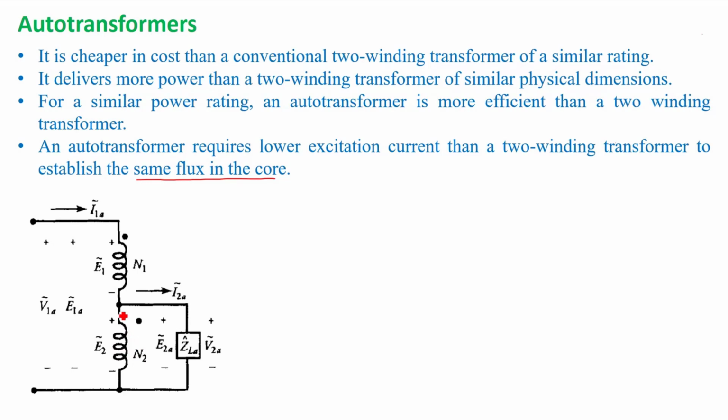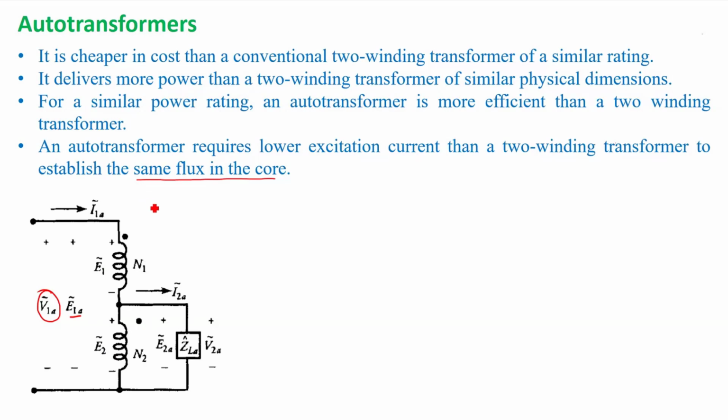The input is fed across both N1 and N2, so N1 winding and N2 winding in series, across which we are feeding a voltage V1A. Therefore I can write V1A is equal to E1A, the voltage across N1 and N2, that is nothing but E1 plus E2.